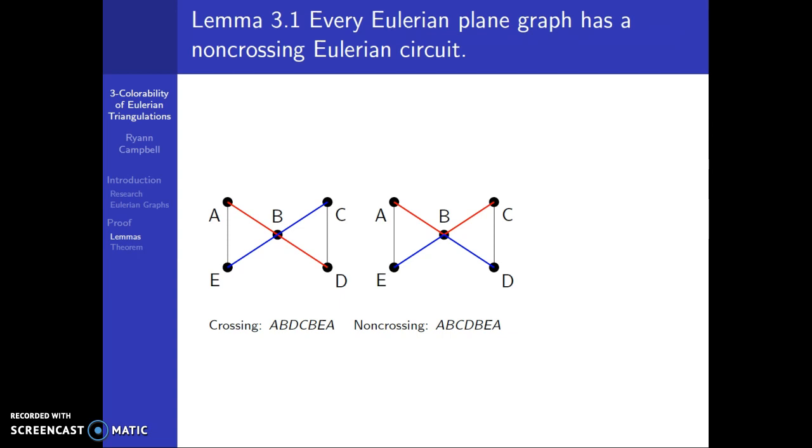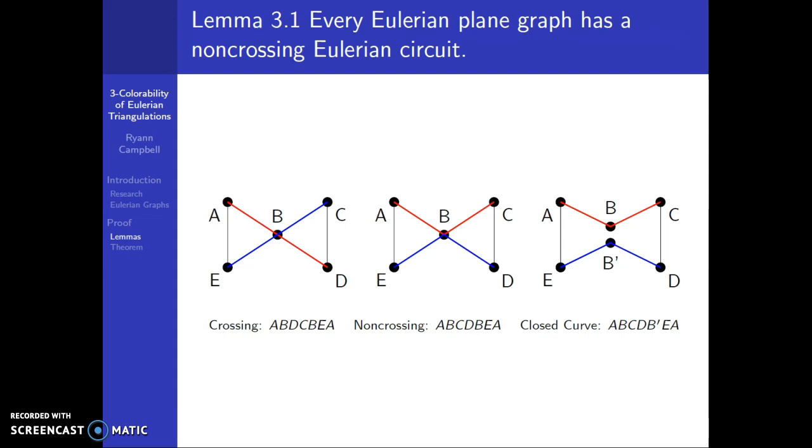In fact, if we slice horizontally through vertex B from the second drawing, we can separate the embedding into a simple closed curve. This closed curve has basically the same Eulerian circuit as our second drawing, which was a non-crossing Eulerian circuit, except since we have split up vertex B into B and B prime, the second time we reach B, we're actually reaching B prime.